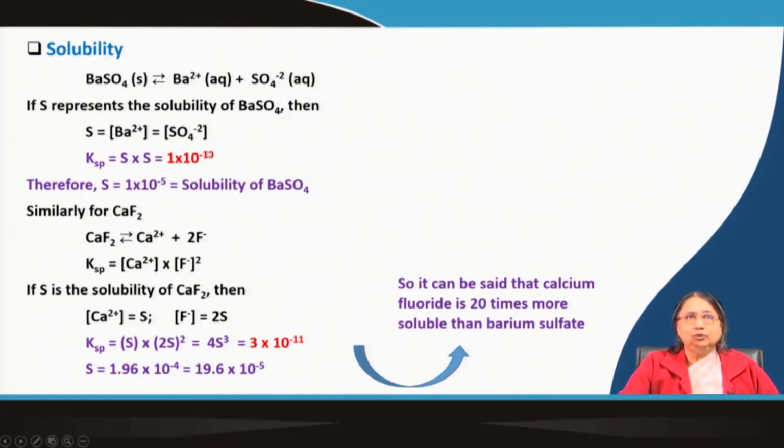Now, we know that the solubility product of barium sulphate at 25 degrees centigrade is given in textbooks. It is nothing but 1 into 10 to the power minus 10.